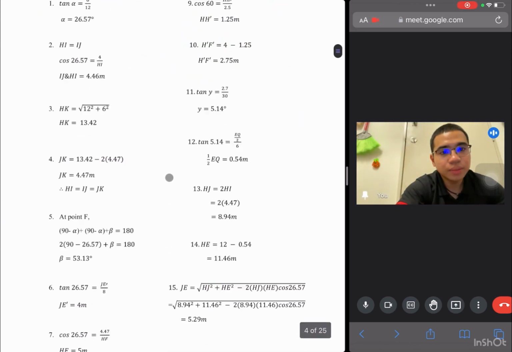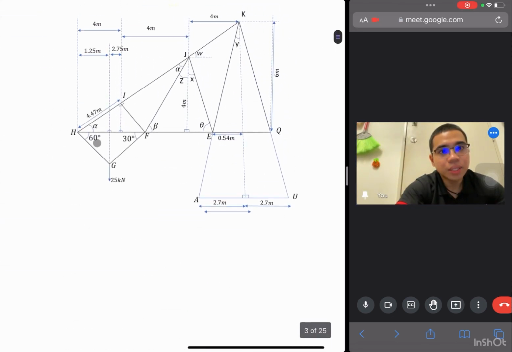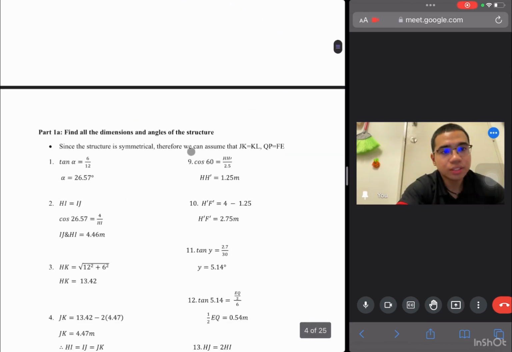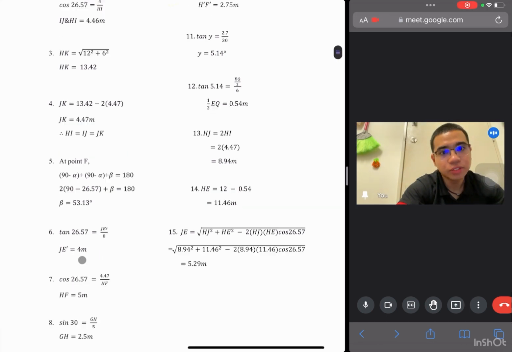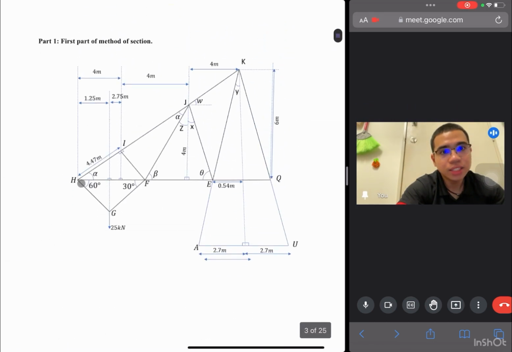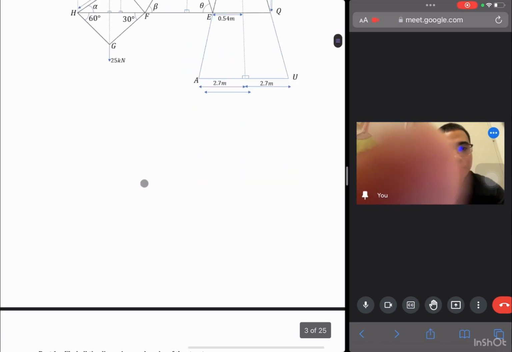Using this right angled triangle, cos 26.57 equals 4.47 over HF. So we get HF equal to 5.